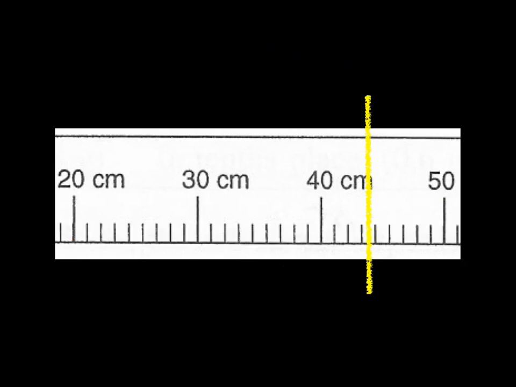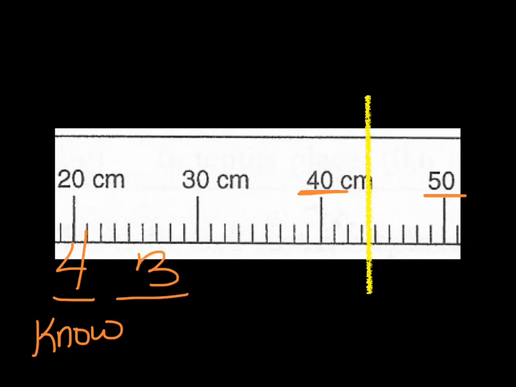All right, one more. Again, why don't you hit pause and try this on your own, then hit play and see how you did. This time, again, the line lies between the 40 and the 50 centimeter mark, so we know it's going to be 40. This time we also know it's going to be 3.